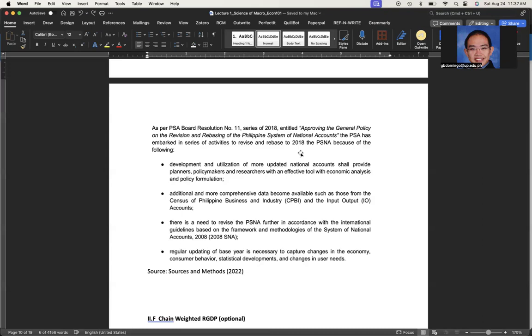Because the problem with fixing the base year is that you are not able to capture these changes in the economy, consumer behavior, statistical developments, and changes in user needs. You're keeping the base prices constant, even though over time, the structure of the economy is changing and the relative prices of the economy are changing.